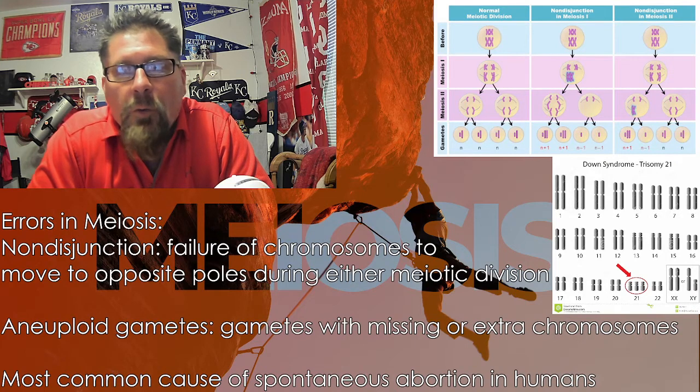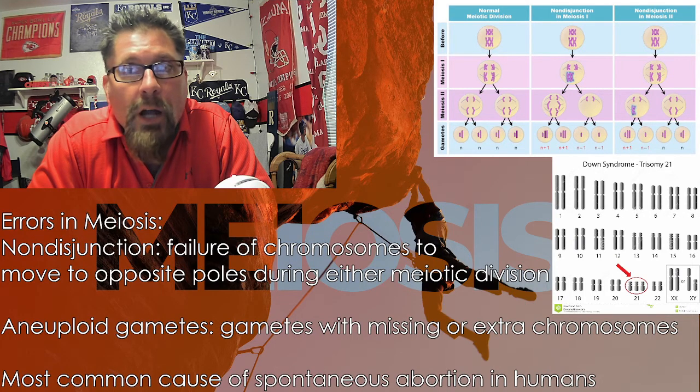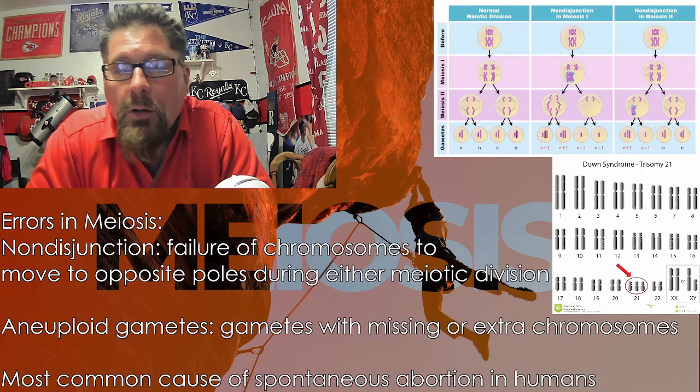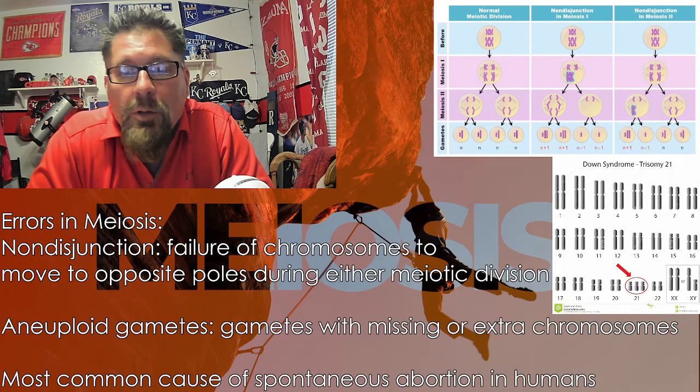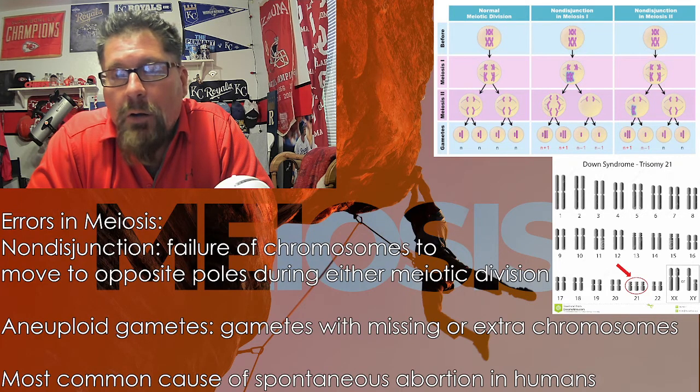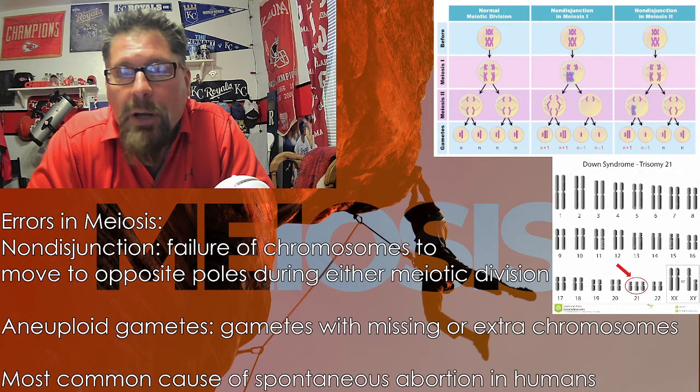Now when we're thinking about errors in meiosis, we know that in just regular DNA replication, there are a lot of things that go on to make sure that it goes through perfectly, that the right nucleotides are matched up and those base pairs.